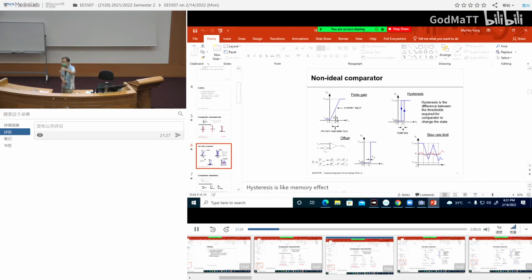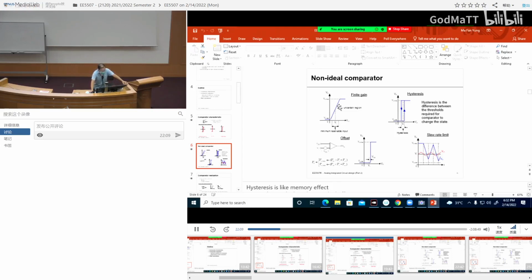It's somewhere in between, which to us is called uncertain, because we don't know whether it is high or low. Our high is defined to be VDD, our low is defined to be ground. So anything in between is a bit uncertain. Which means in this small region, we cannot resolve whether the input is higher or lower. Obviously, the higher your gain, the smaller this uncertain region is.